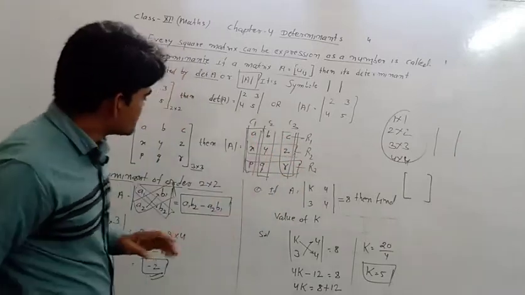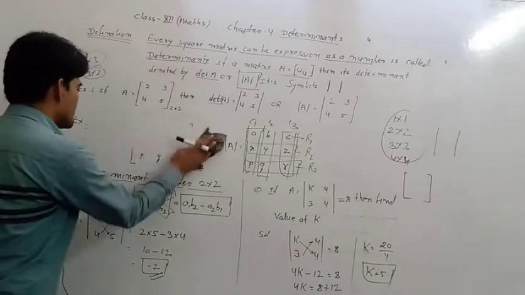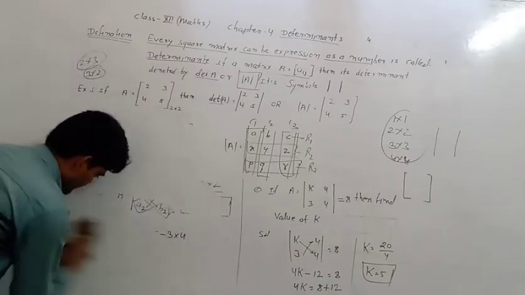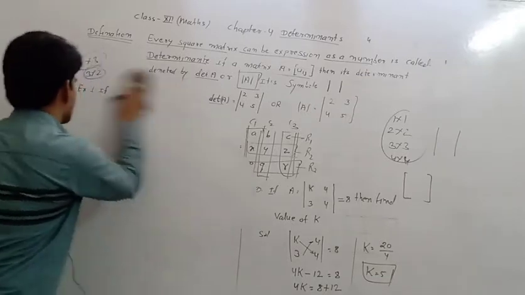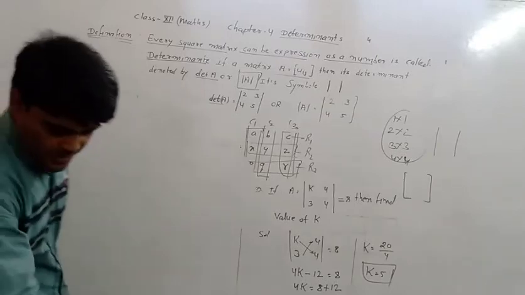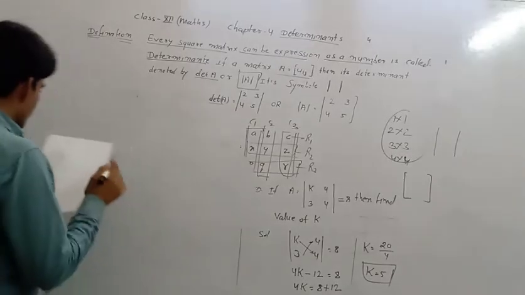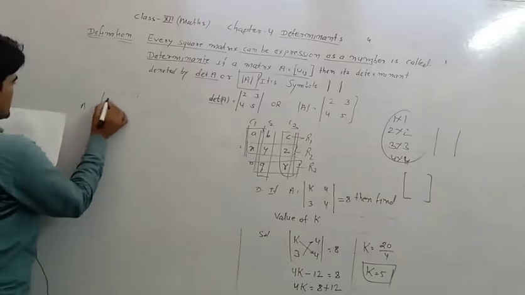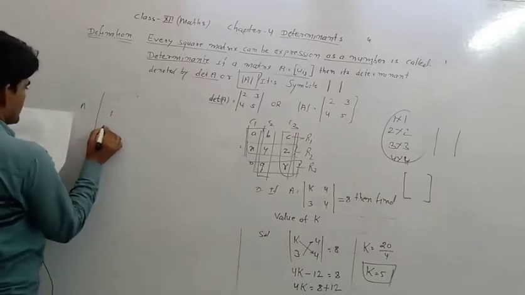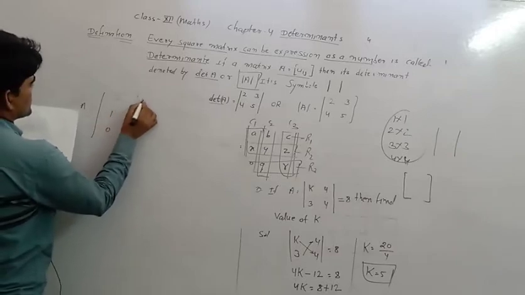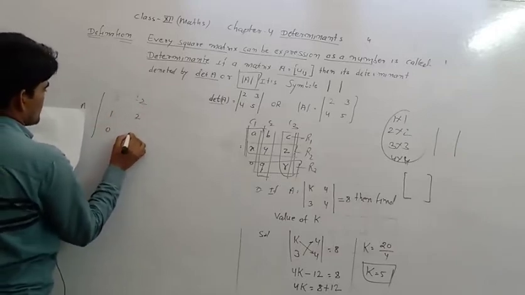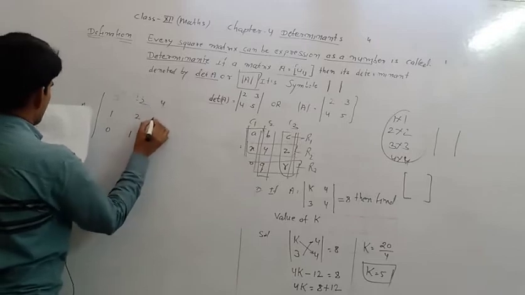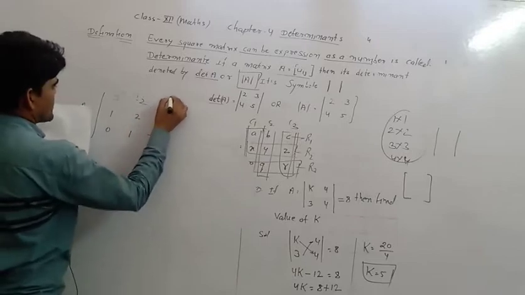Okay, next we solve a 3 into 3 determinant. We are given a determinant A equals 3 1 0, minus 2 2 1, 4 1 and minus 1.